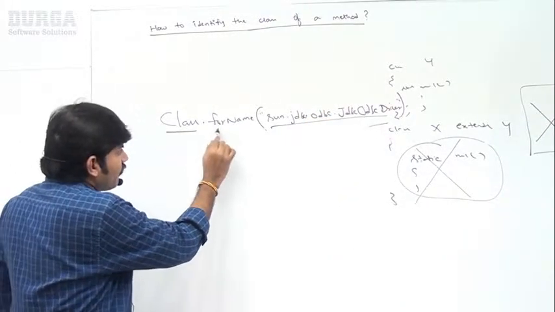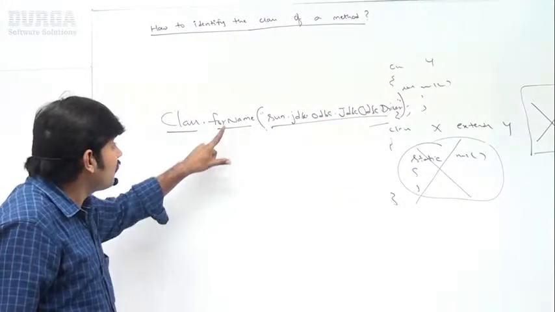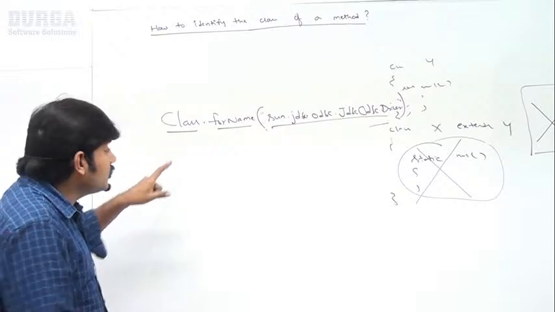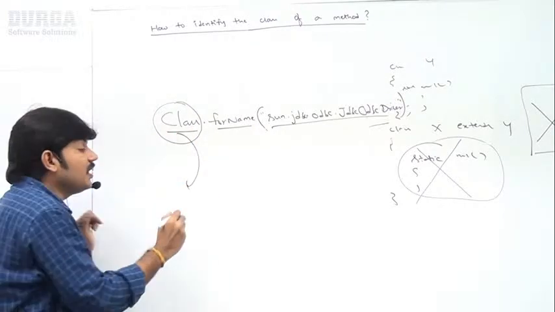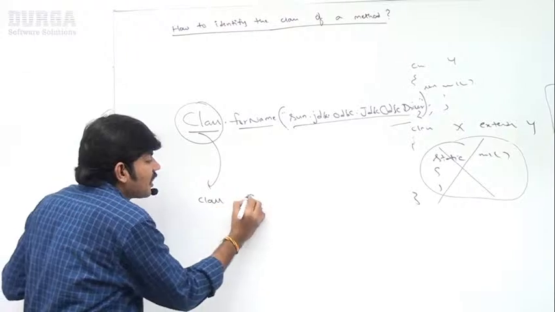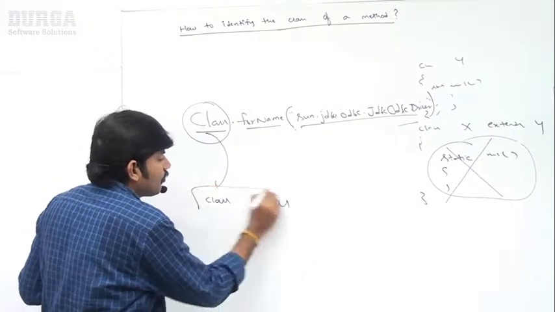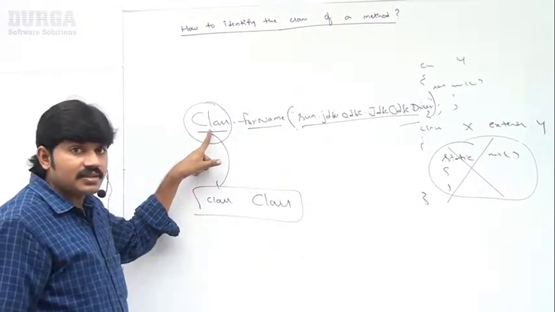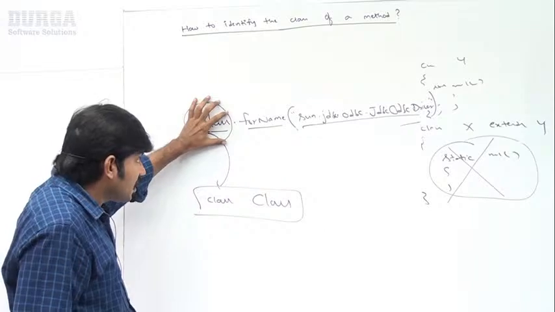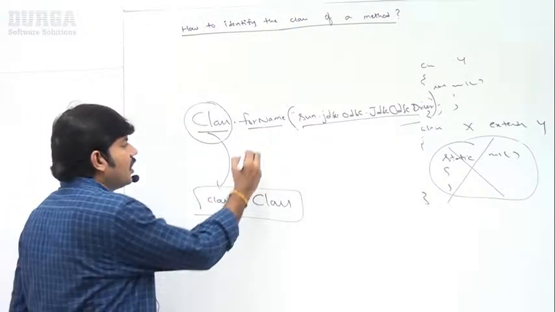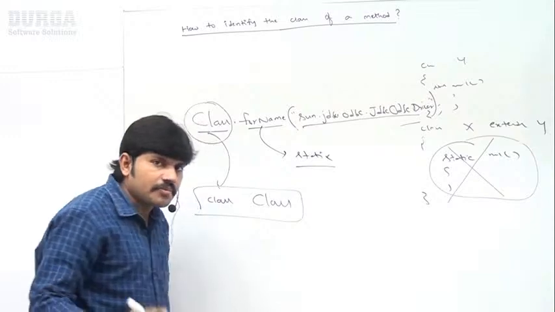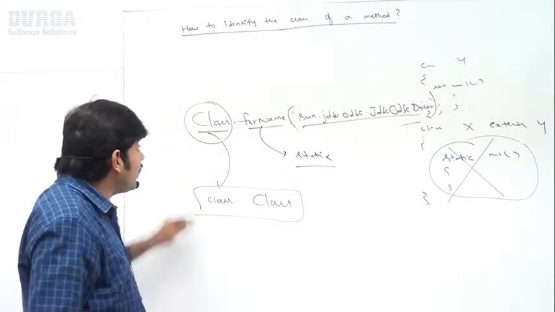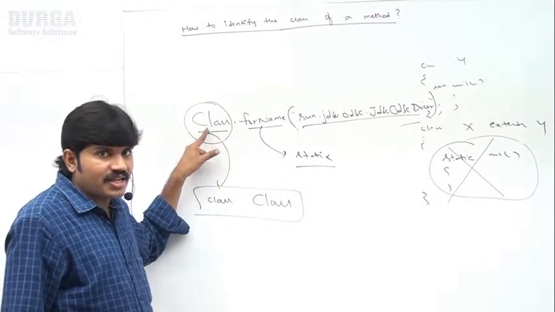With Class.forName, I'm calling which method, sir? The forName method. By using which one? A class name. Sir, what is this Class? It is a class present in the java.lang package. By using the class name I'm calling this method, so automatically this method is always a static method. This static method is present inside which class? Class. Everyone can understand, right?